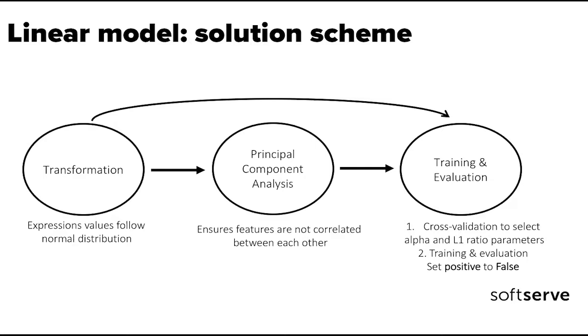So we kind of want to help the model. And we can also use different numbers of components, because essentially we don't know which number of components would be the best. Then while training and evaluation, we first of all use cross-validation to select the alpha and L1 parameters, which are named for this ElasticNet model.